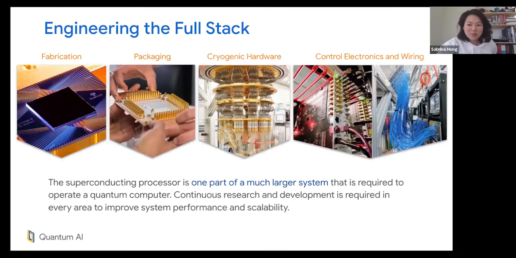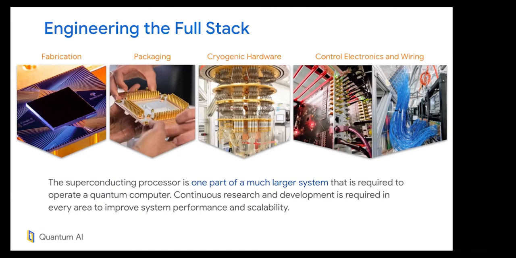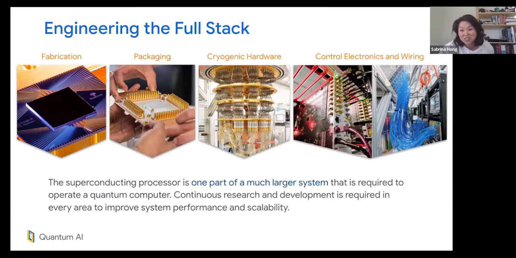So this section is going to be a little bit about system control. We've already gotten a flavor of this from Abe's introduction, but the superconducting processor that Abe just went through, those circuit components, is really one part of a much, much larger system that is required to operate a superconducting qubit processor. So there's the fabrication of the actual device. There's the packaging. So, there's those wires that are printed onto the circuit themselves, but then we need to be able to expose those to the control electronics to control them.